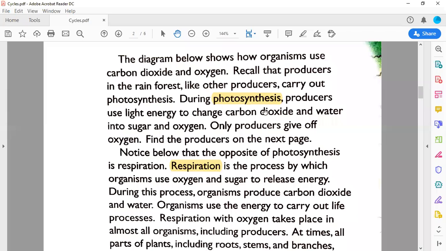Okay, so photosynthesis. What is photosynthesis? It's the process of using light energy to change carbon dioxide and water into sugar and oxygen. Which organisms carry out photosynthesis?